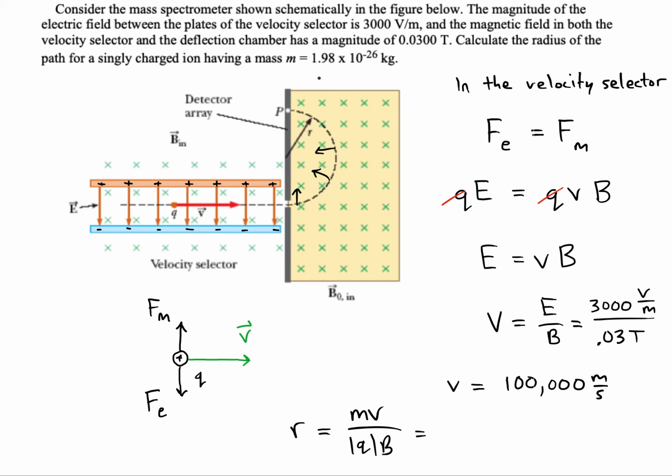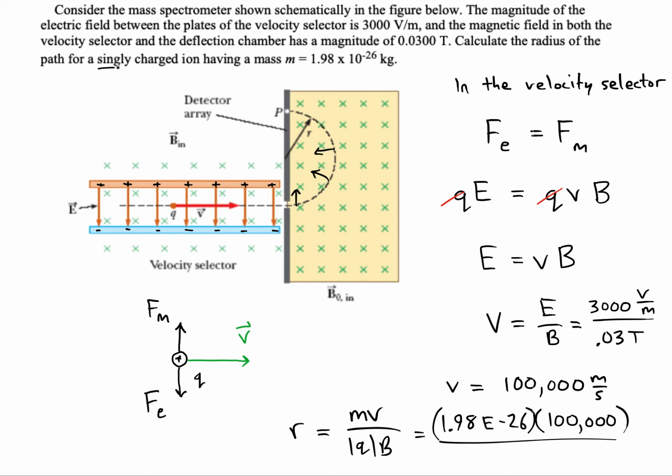The mass of our particle is 1.98 times 10 to the minus 26. We know its speed will have to be 100,000 meters per second. In the problem, it said that this was going to be a singly charged ion.